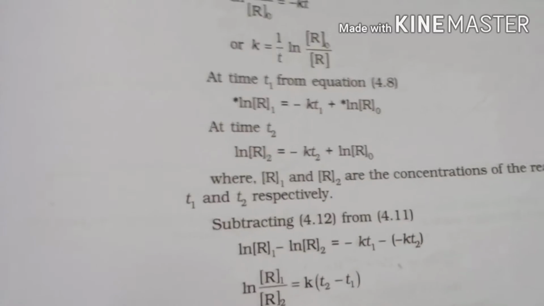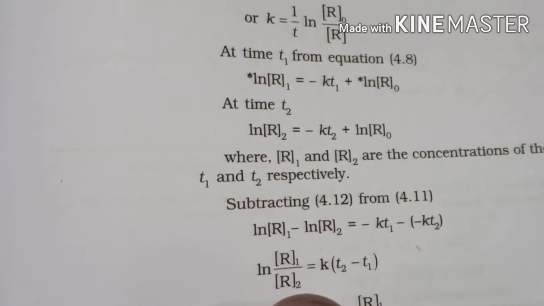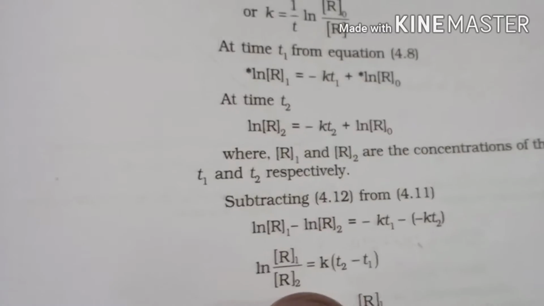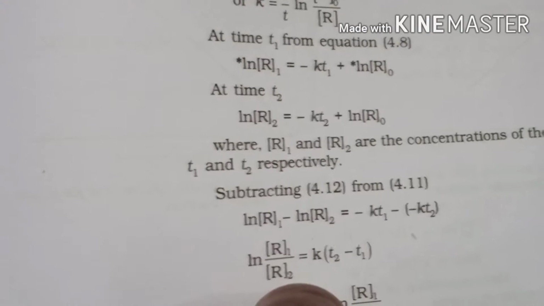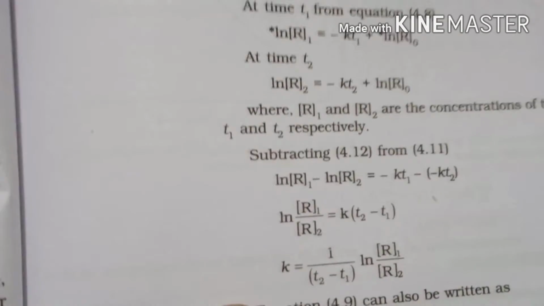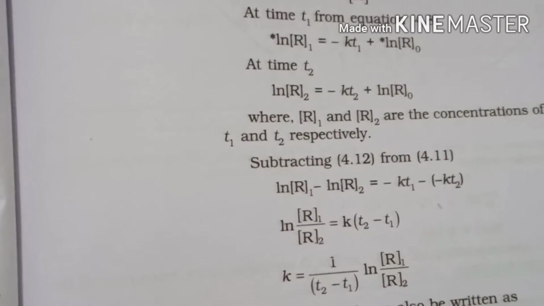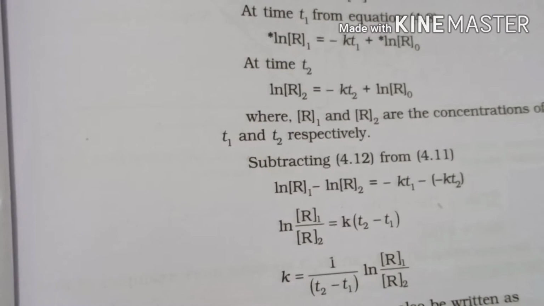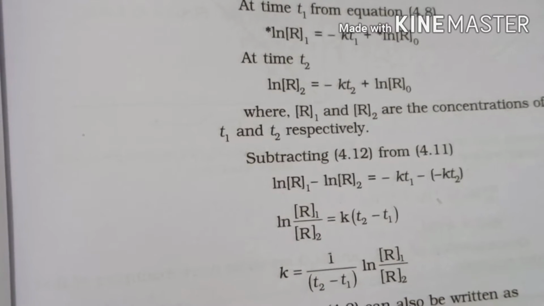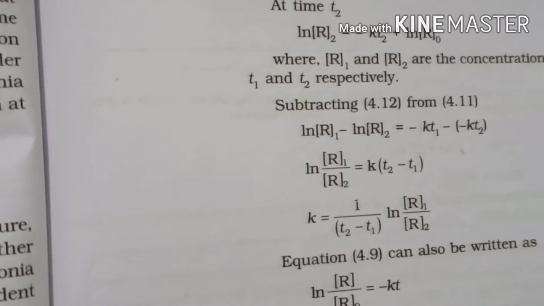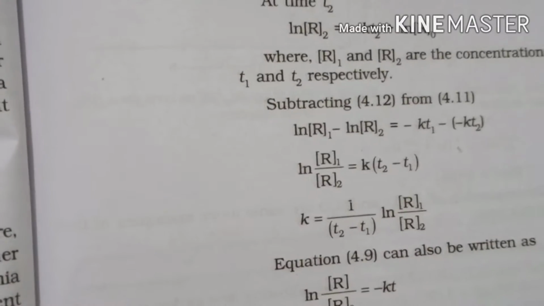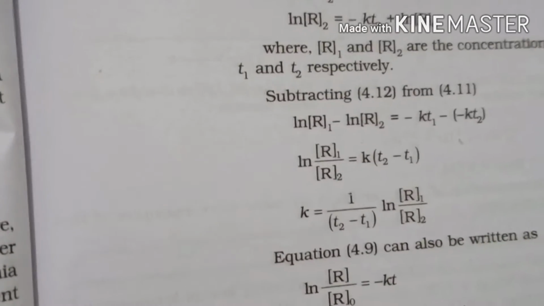Subtracting these two equations, we get ln R1 minus ln R2 equal to minus kt1 plus kt2. Minus means log divide, so ln R1 by R2 equal to k into t2 minus t1. Therefore k equal to 1 by t2 minus t1 ln R1 by R2.